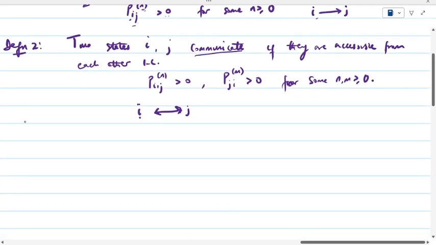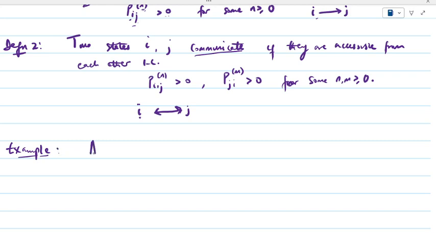So let's check this example for better understanding of this classification of states. Example: we have the question, are the states in the following Markov chain accessible from each other?